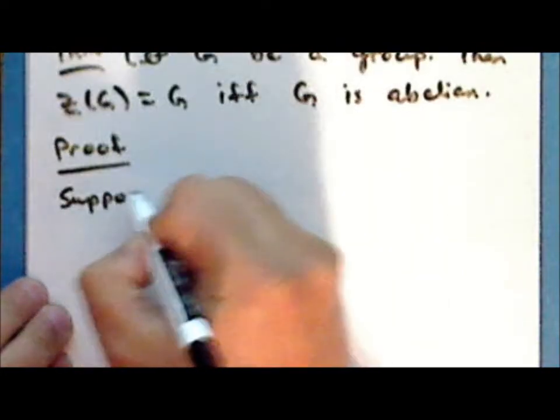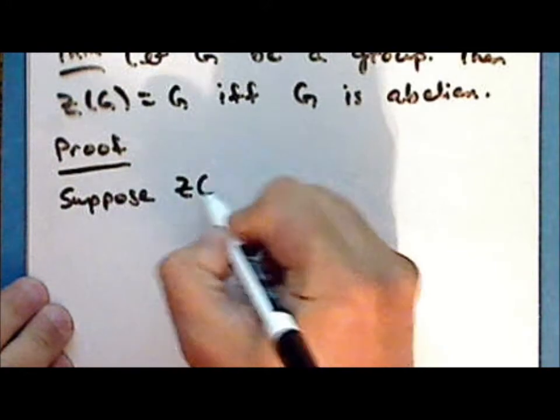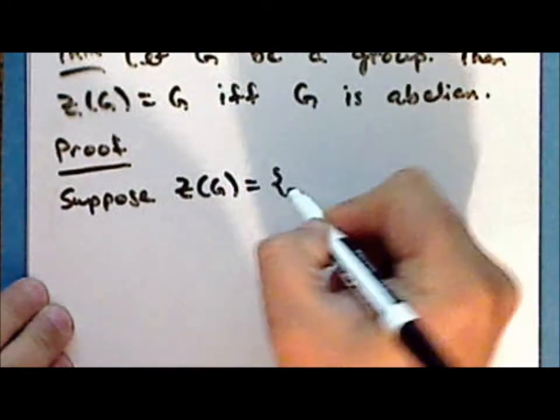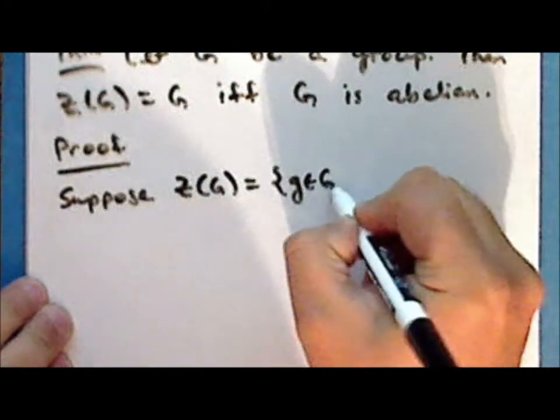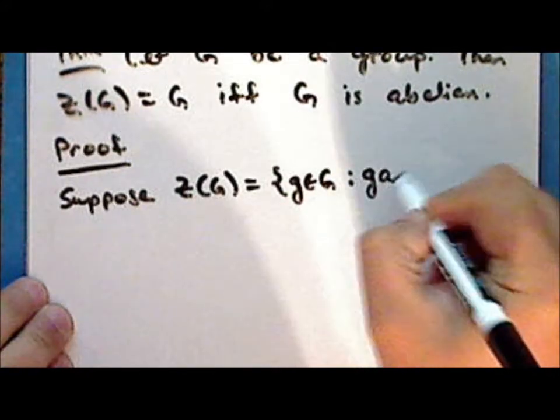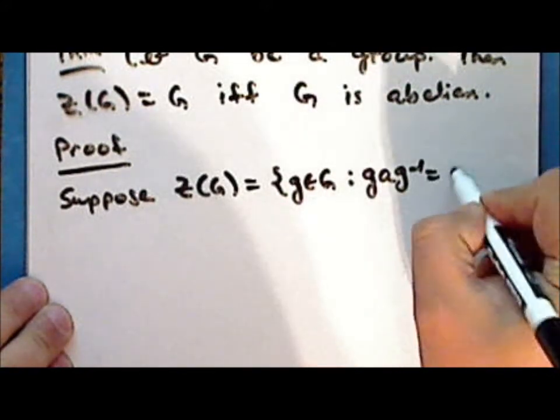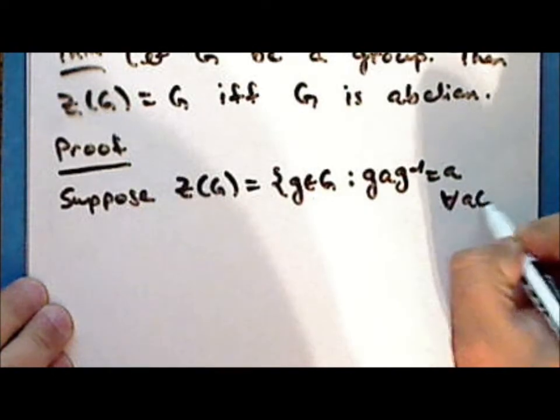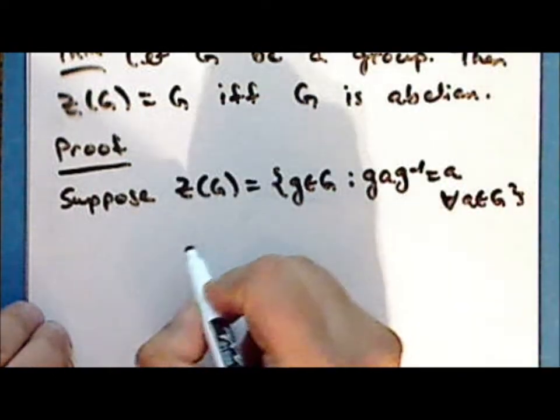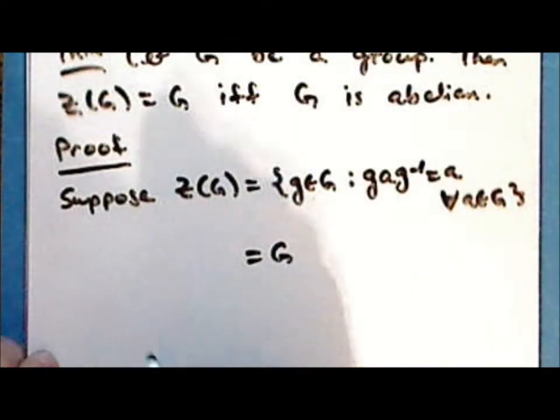Suppose that the center of G, which is the set of all those elements in the group G such that G times A times G inverse is equal to A for every element A in the group, is equal to the entire group.